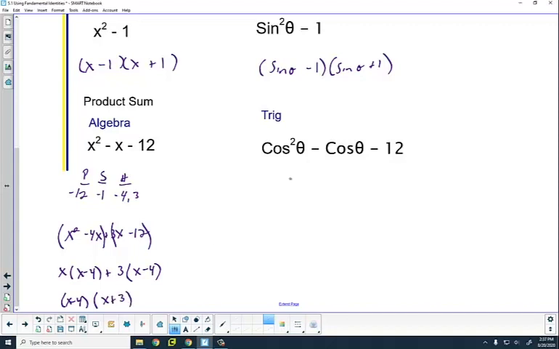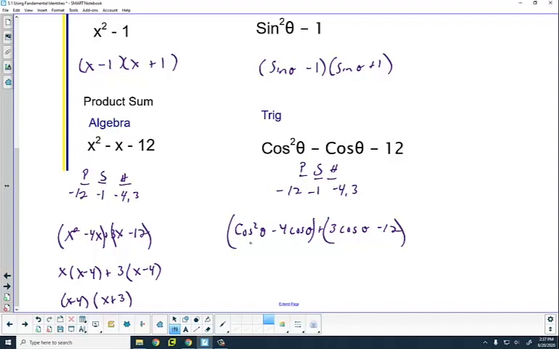So here's what it would look like using trig functions. Same thing, you would run product, sum, and your numbers. Product is 1 times negative 12. The sum is negative 1. Again, we're at negative 4 and 3. So cosine squared theta minus 4 cosine plus 3 cosine minus 12. We're going to factor by grouping.